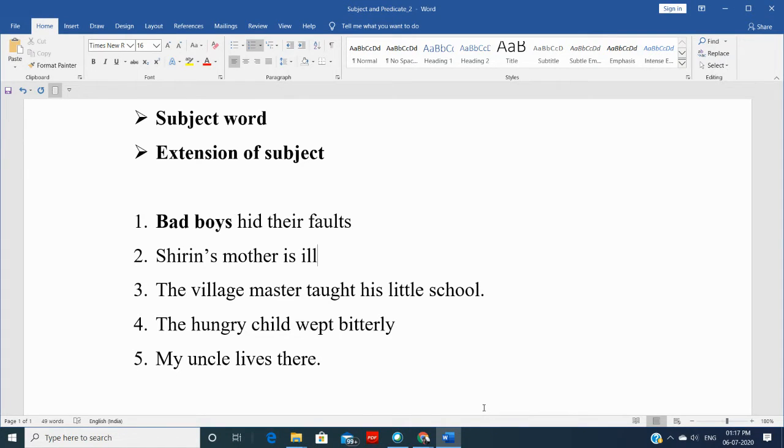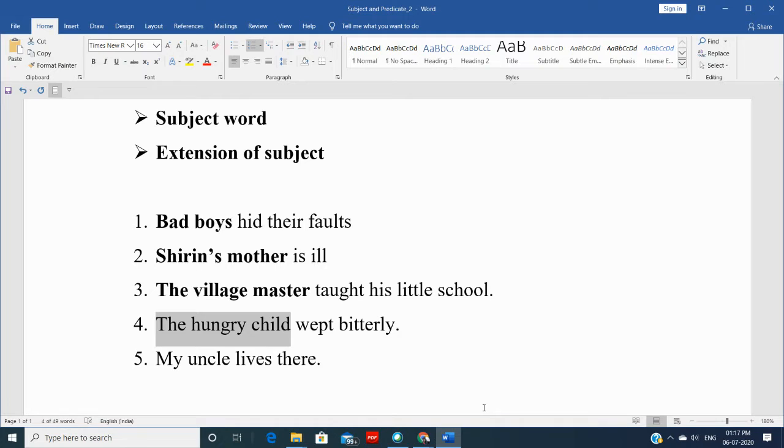"Shireen's mother is ill." Who is ill? Shireen's mother. So Shireen's mother becomes your subject. "The village master taught his little school." Who taught? Village master. "The hungry child wept bitterly." Who wept bitterly? Hungry child. "My uncle lives there." Who lives there? My uncle. So these are our subjects.